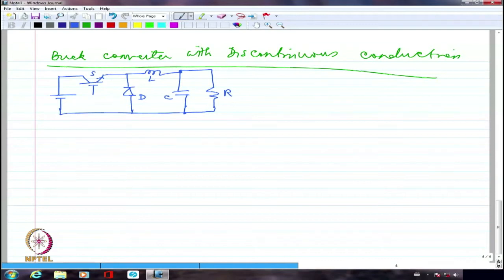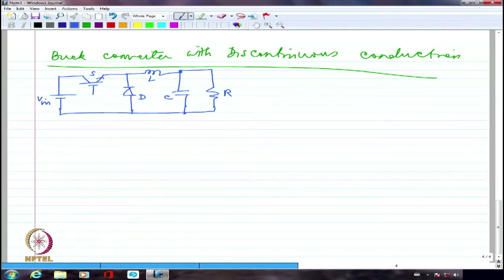Or the inductance is not large enough. Any one of them, whatever is the case. Maybe I'm going to have the resistance to be very large. If the resistance is large, then also the current will be small. So if the load is large, or the input supply voltage is small, or the inductance value is not large enough, or I have not kept it on for quite a long time, duty ratio is not large enough, the inductance stored energy will become pretty small in that case.